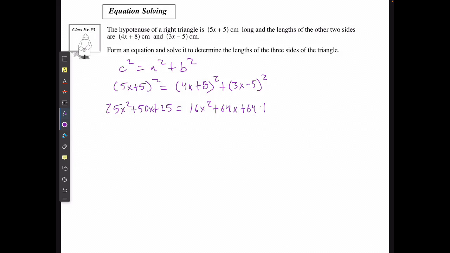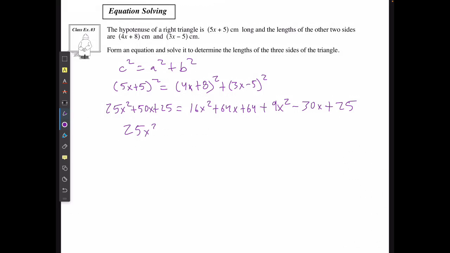For the last one, 3x squared is going to give me 9x squared. 3x times negative 5 times 2 gives me negative 30x. And negative 5 squared gives me 25. I'm going to combine everything that I have on the right side, so combine my like terms.